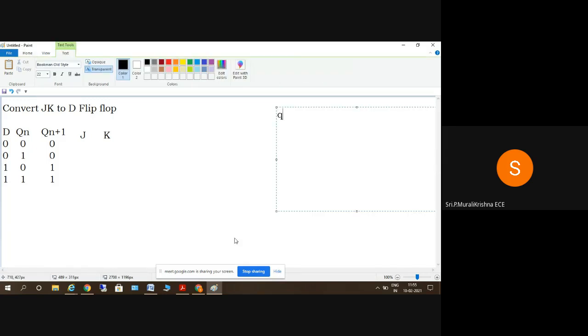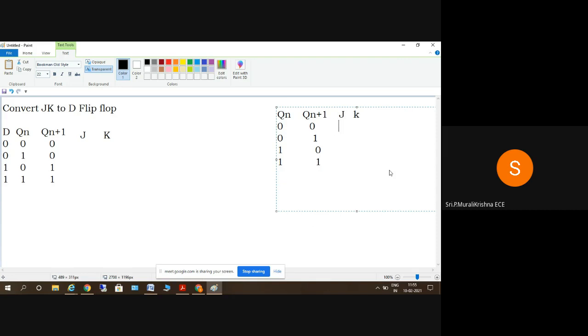That is Q of n, Q of n plus 1, and we'll be having J and K. So 0 0, 0 1, 1 0, 1 1.